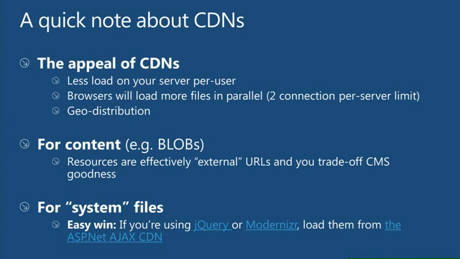Okay, so that brings us on to content delivery networks. And I just want to briefly touch on this before we get on to the rest of the material. Content delivery networks come in all sorts of shapes and sizes.